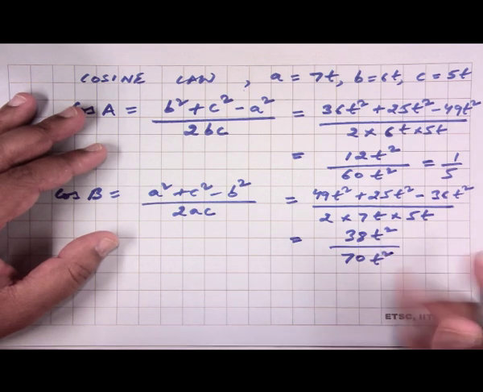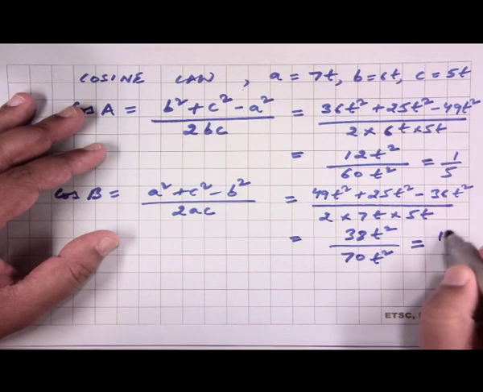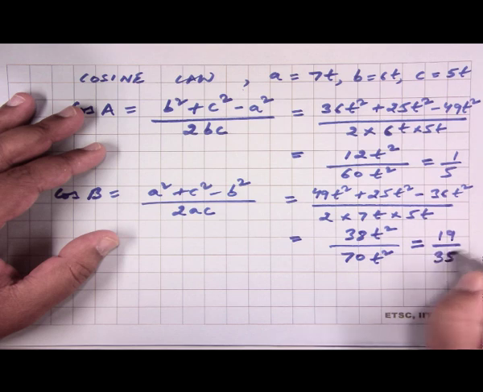So, this is 38 by 70, which is 19 by 35.